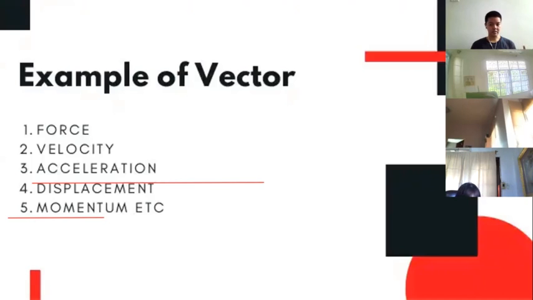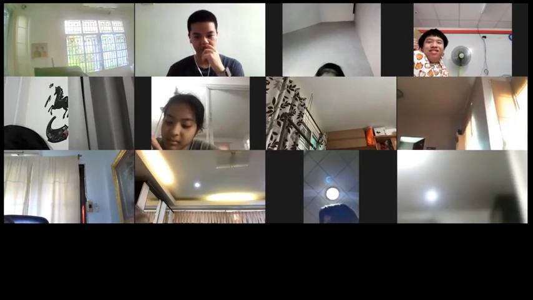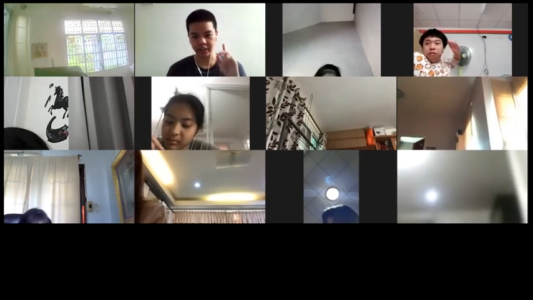Scalar only has magnitude. But for vector, it has magnitude and also direction. In scalar, it doesn't have direction. So that's how you are going to remember the meaning of scalar and vector.